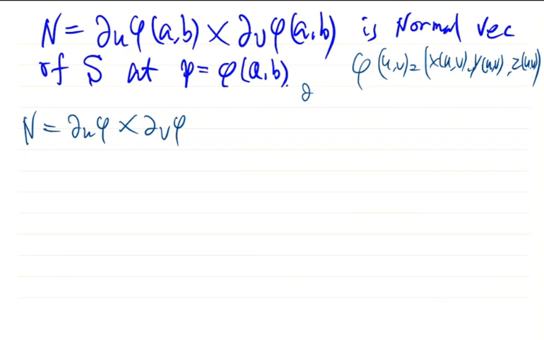Therefore, the partial derivative of φ with respect to u is the partial derivative of x, y, and z with respect to u.